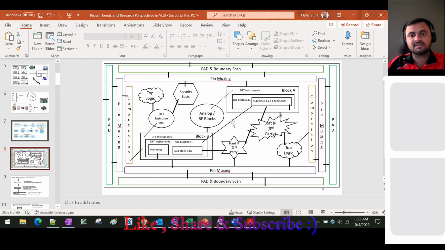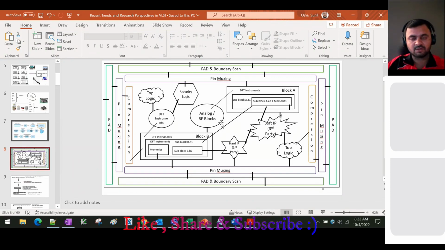For research, power is the one area we are focusing on, because we are using lots of transistors in a very small space, so leakage power comes into the picture. Then area, how to reduce the area, and then performance, frequency wise.